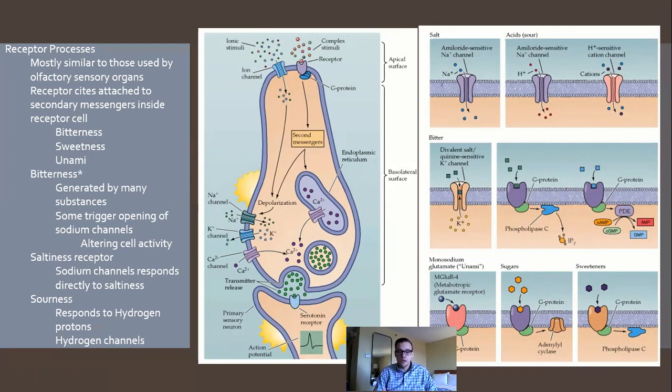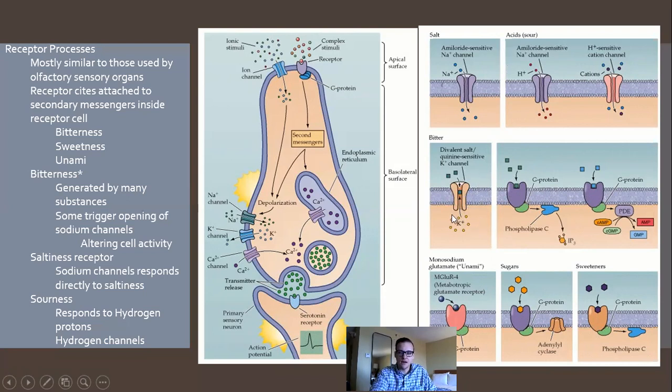But bitterness is also triggered by receptors that you can think of as being more similar to ionotropic receptors in the brain.